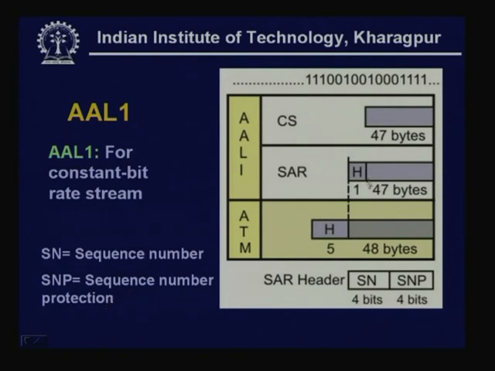So, these 8 bits are added as header, then it goes to the ATM layer which forms the 53 byte cell with a 5 byte header, and I have already discussed this 5 byte header. Then it is transmitted to the network.